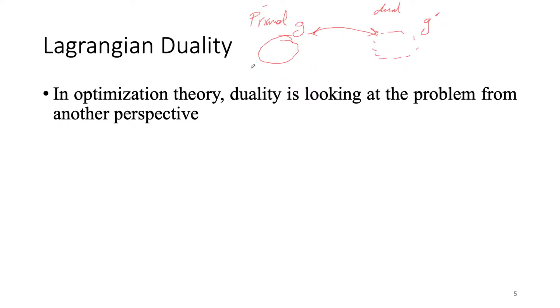So sometimes when we cannot solve the primal directly, we can transform the problem into a dual form, and then we solve that. And the optimal solution for that would be the solution for the primal. So this is what the Lagrangian duality is.